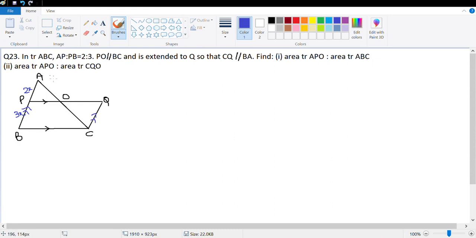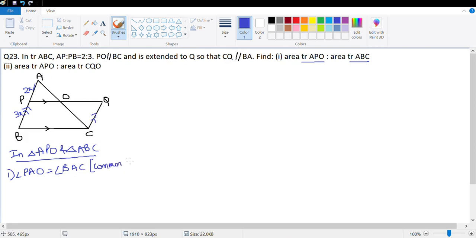So let's see if we can prove any two triangles similar. First one, we are looking at APO versus ABC. That shouldn't be too difficult. This looks fairly simple. So in triangle APO and triangle ABC, what we have is angle PAO is equal to angle BAC. This is a common angle.